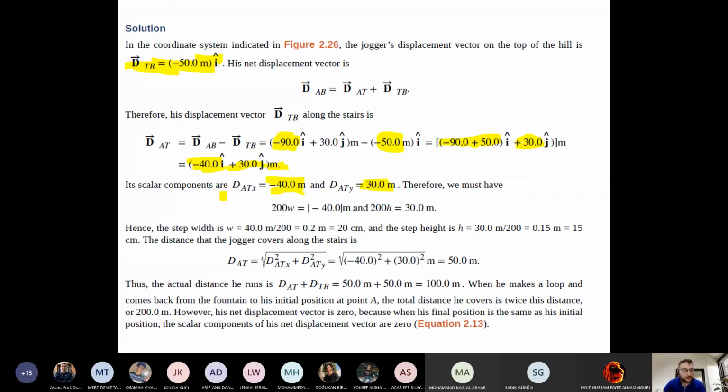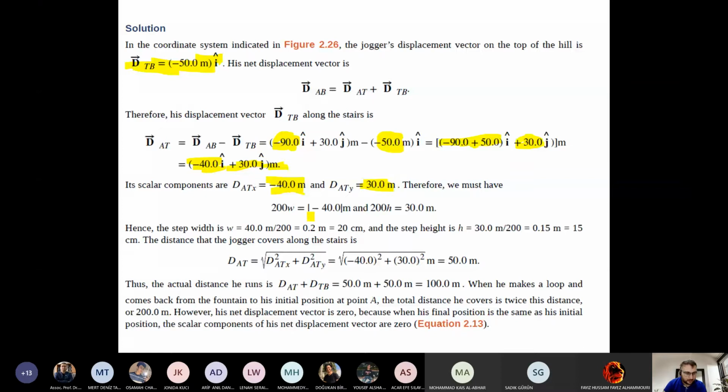So as a distance, take absolute value: 40 and 30. But if you want, you can also convert them in centimeter. But here, no need to do it.